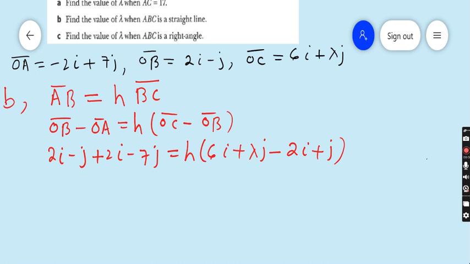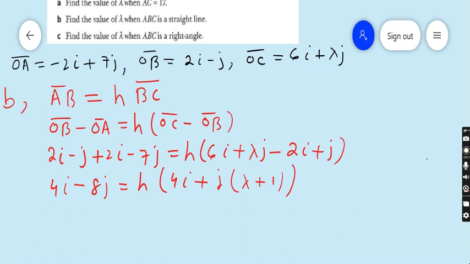Now simplification. On the left hand side, 2i plus 2i is 4i, minus 7j minus 1j is minus 8j. h into 6i minus 2i is 4i, taking j common from the other two terms, it is lambda plus 1. Hope you understand.